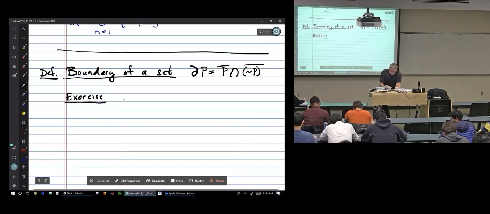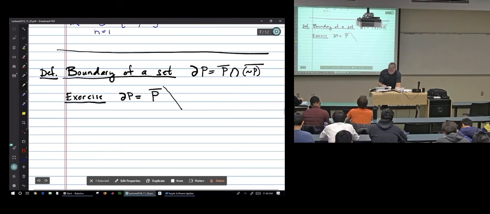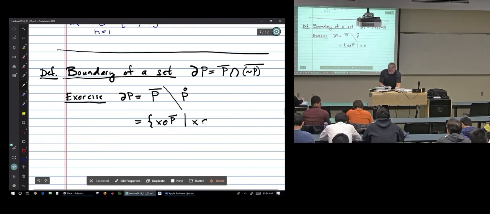And the exercise is, the boundary of P is the closure of P, take away the interior of P. So it's the set of all points x in the closure of P such that x is not an element of the interior.